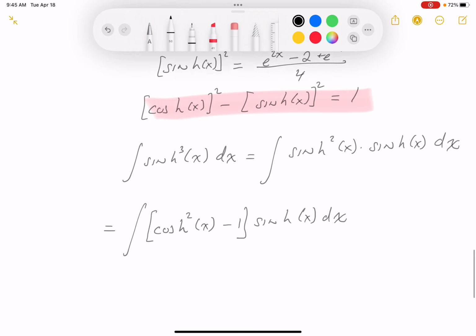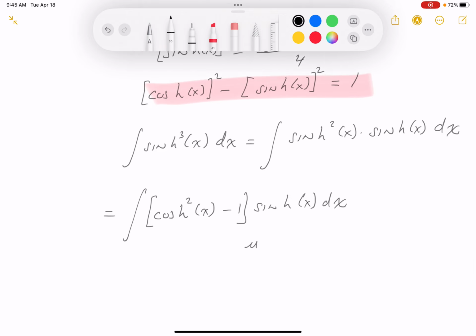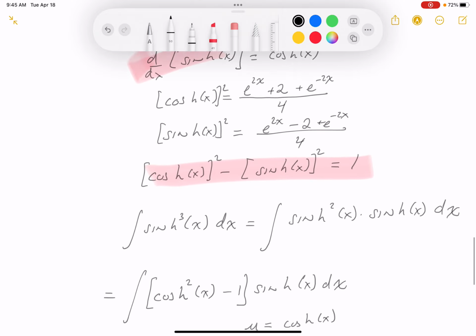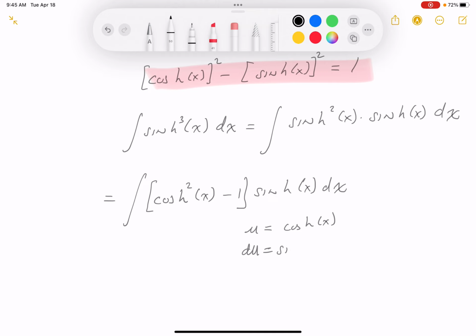I'm going to make a u substitution now, where u is equal to hyperbolic cosine of x. So du, again, we just did the derivative before, is going to be the hyperbolic sine of x dx. Let's put this down. And what do you get there?